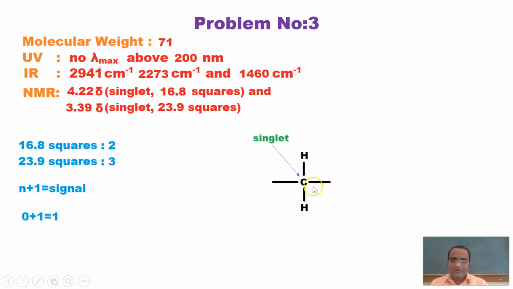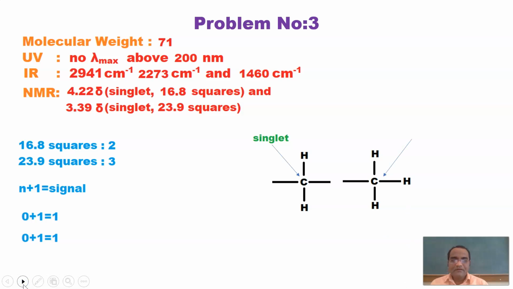So the number of hydrogens I have written here is 2, because the first signal is showing 2 hydrogens. And for the second signal, the number of hydrogens is 3, because the second signal is having 3 hydrogens as per the squares.